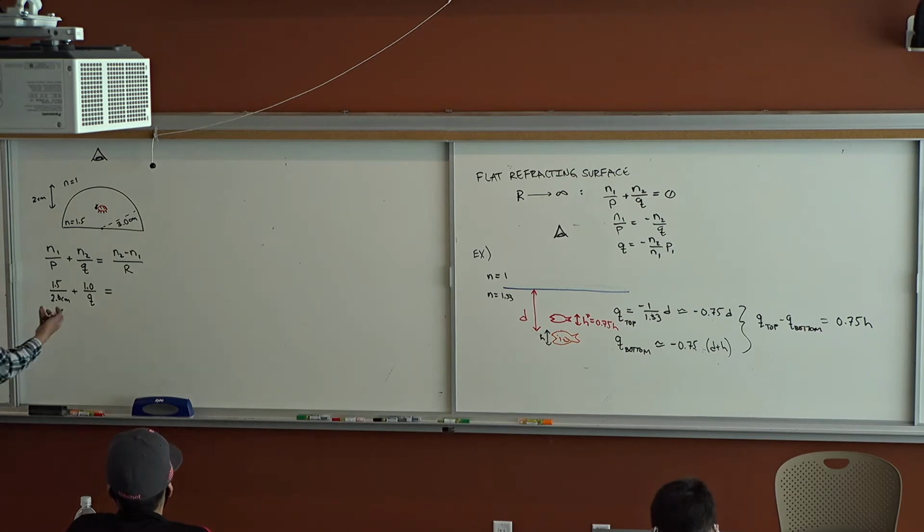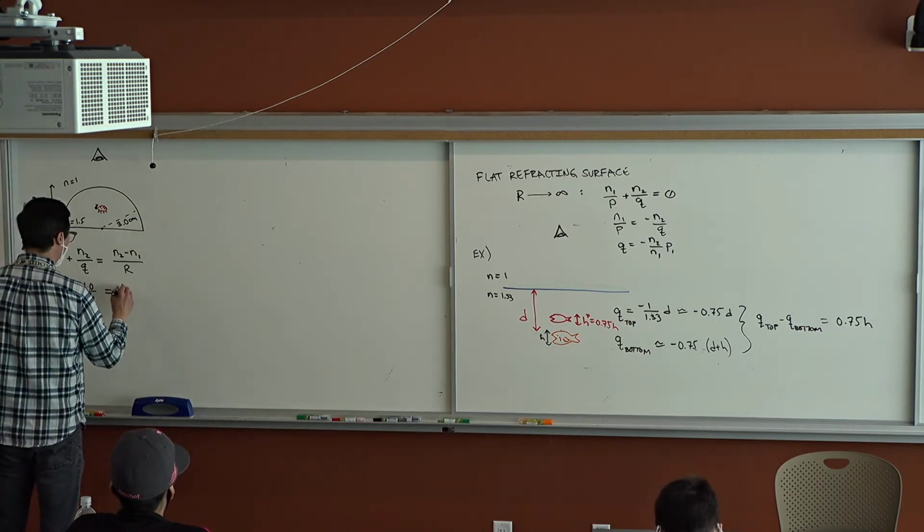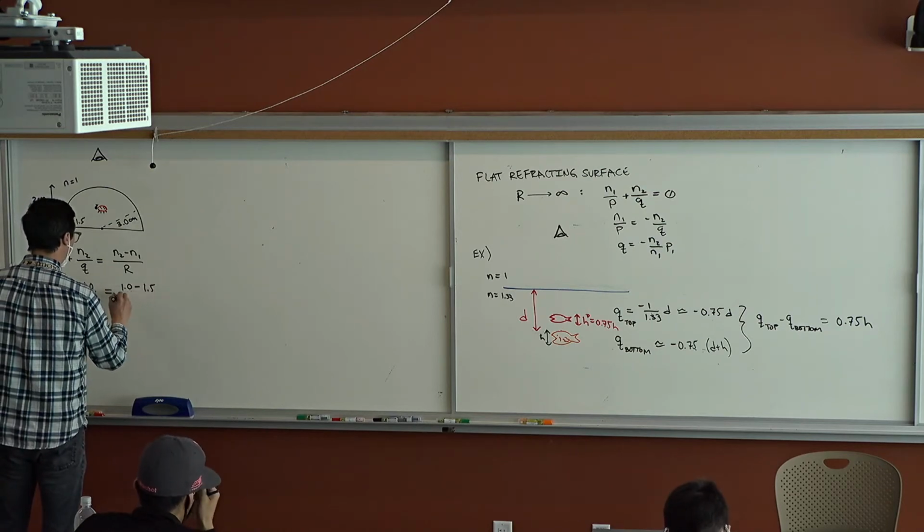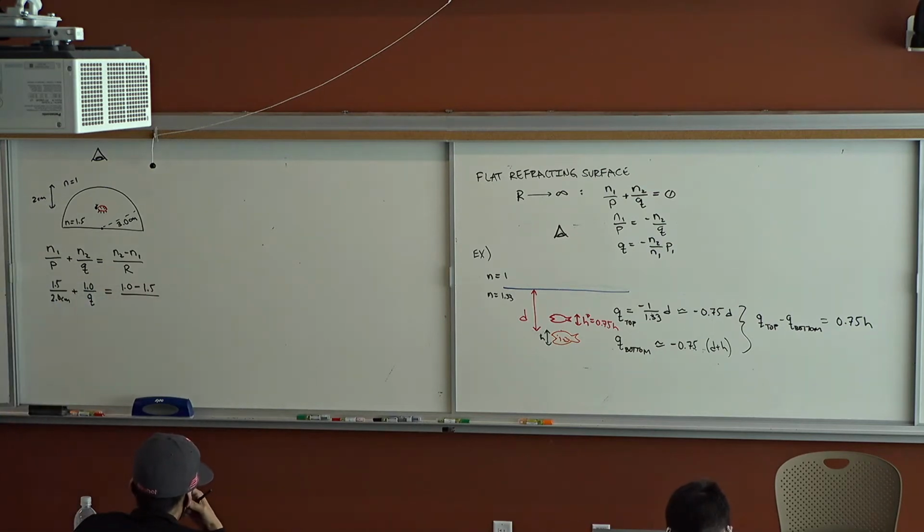And then we've already said that N2 is 1, and N1 is 1.5. R here is what? Plus or minus? Why minus? Because where is the center of curvature? It's on the front side.